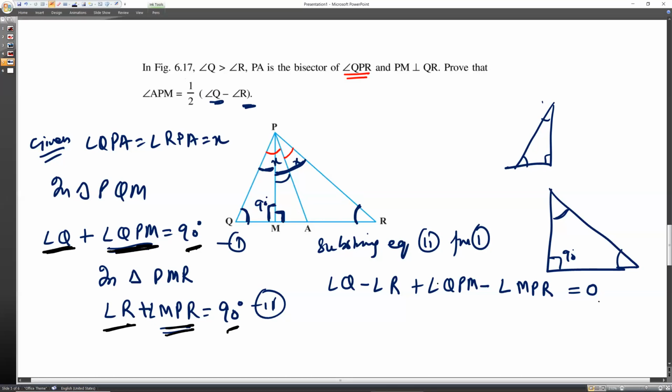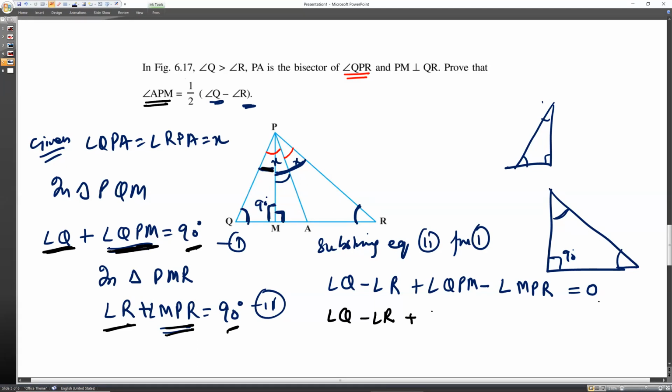Now, do you need QPM? No. Do you need MPR? No. You need APM. So split this one. Right here, Q minus R like this, plus what is QPM? You know that this whole QPM, only this angle we are talking about.